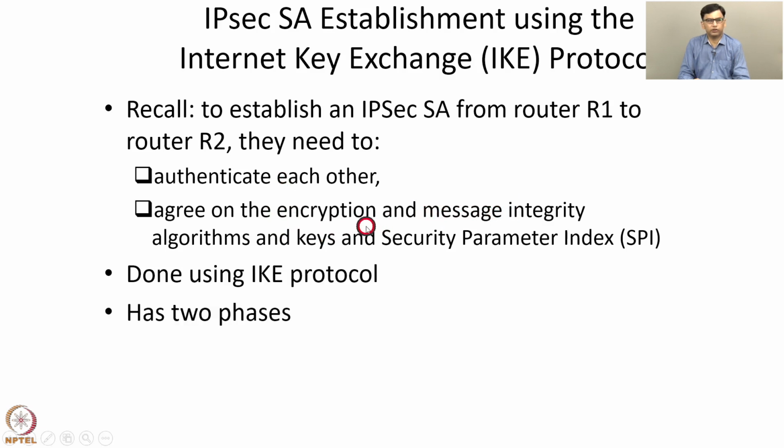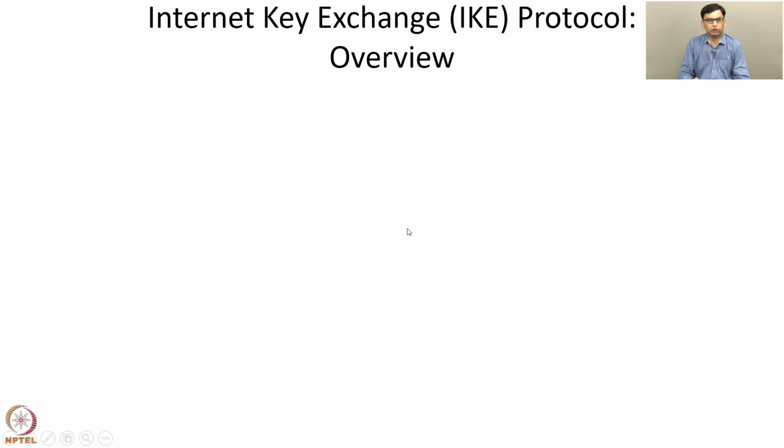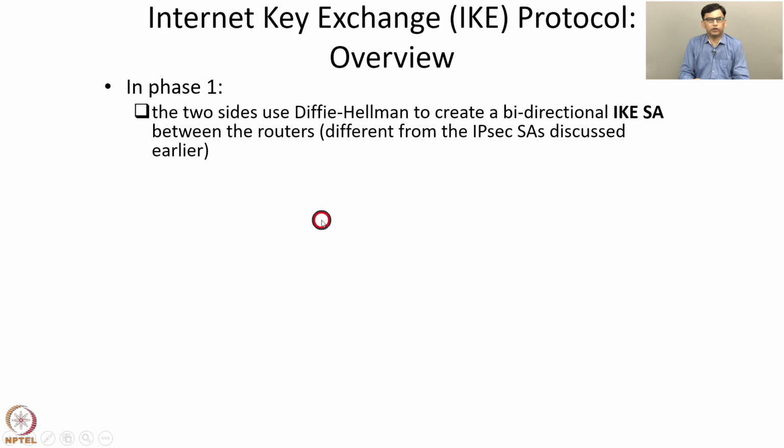It has two phases. We will discuss the Internet Key Exchange Protocol now. In phase 1, the following actions are performed. The two sides use the Diffie-Hellman algorithm, which we discussed earlier, to create a bidirectional Internet Key Exchange security association between the routers. This is different from the IPsec security associations that we discussed earlier.